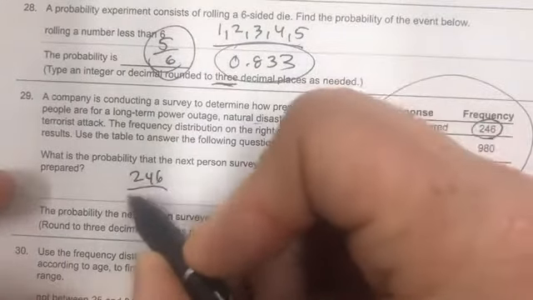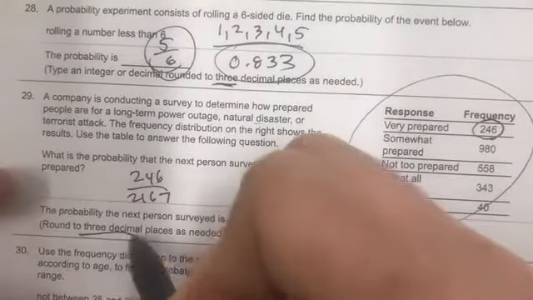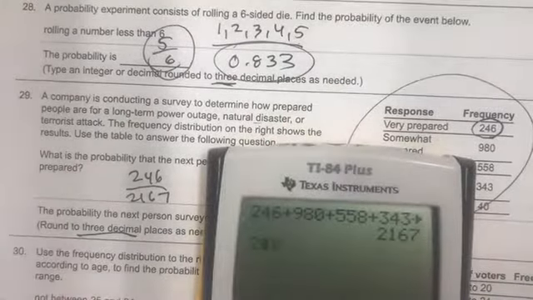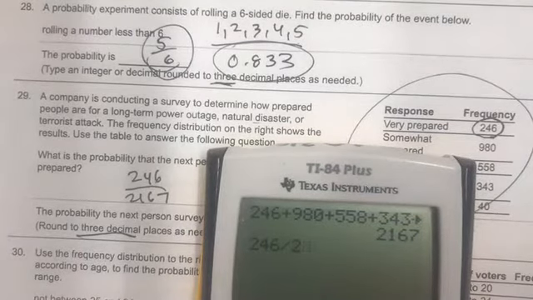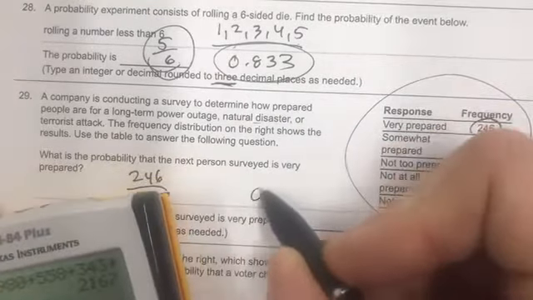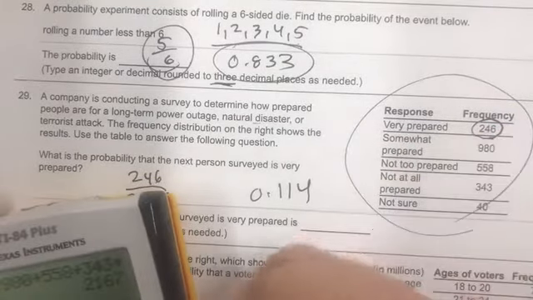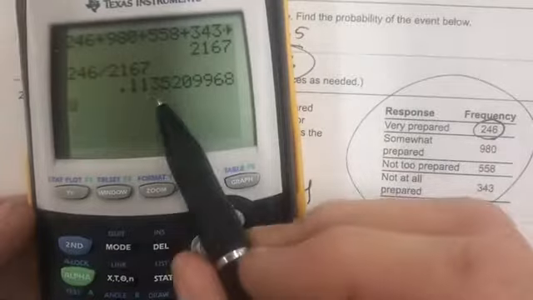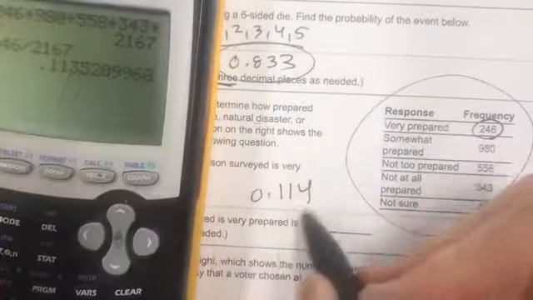And there's my total, 2167. All right, round to 3 places, so we're going to have to divide this. And there you go. So it's going to be 0.114. The 5 is going to make the 3 go up to a 4. And there you go.